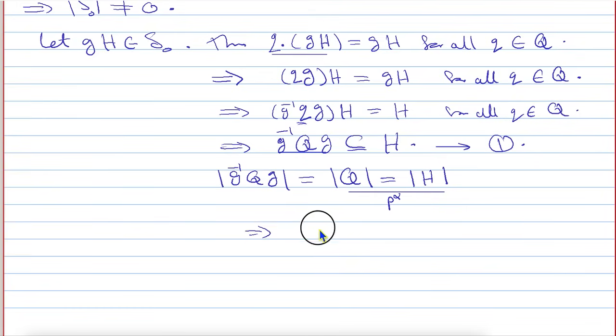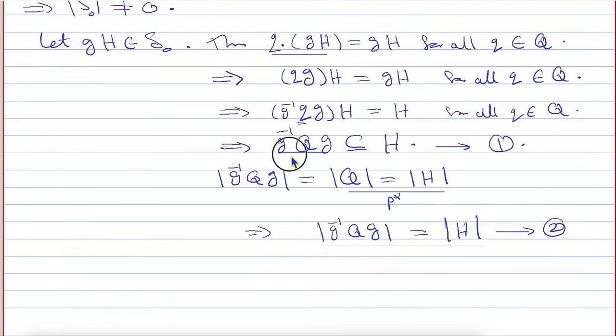So we obtain the order of g inverse Qg is the same as the order of H. This is 2. So we have two subsets of the same order, but one of the subsets is contained in the other.